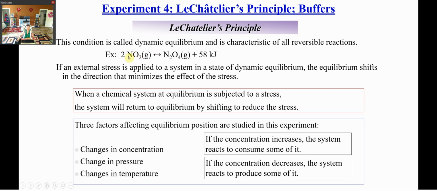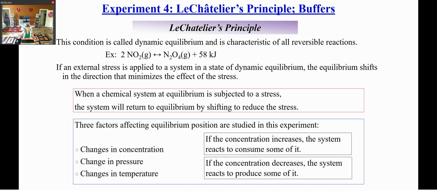For example, nitrogen dioxide produces dinitrogen tetraoxide, and you are going to release 58 kilojoules of heat. So if an external stress is applied to this system at its equilibrium, the equilibrium shifts in the direction that minimizes the effect of the stress.